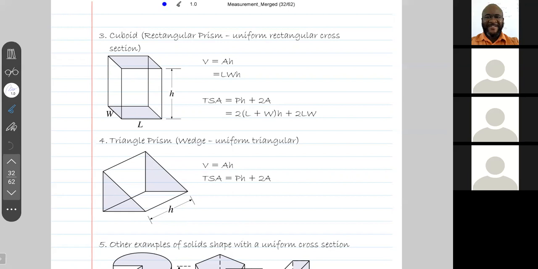So that is why the volume of a cuboid is length multiplied by width, which gives you the area of the cross-section, times H. So the volume is what? Length multiplied by width multiplied by height. The total surface area would be the perimeter of the cross-section times the height, plus now the area of the base, the area of the top, and the area of the bottom, which is the 2A.